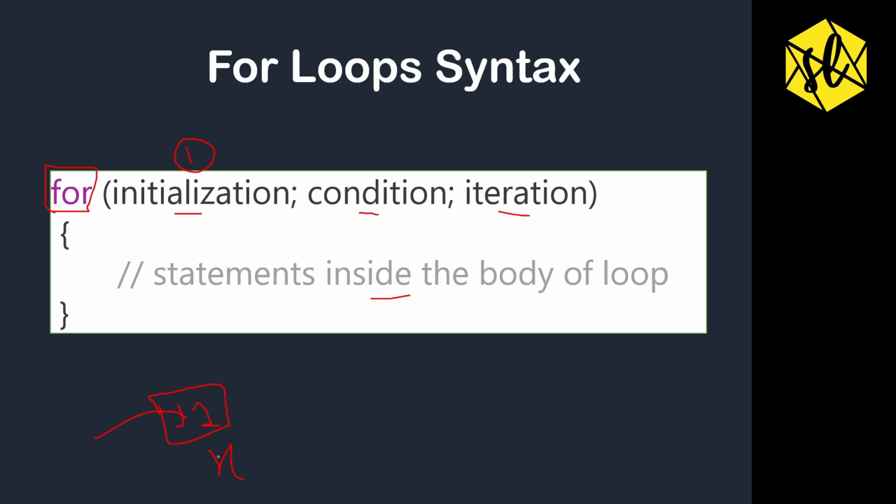After initialization the compiler goes to the condition part. So let's say I give a condition like x is smaller than 5. Okay, now after the condition it goes to the statement part.